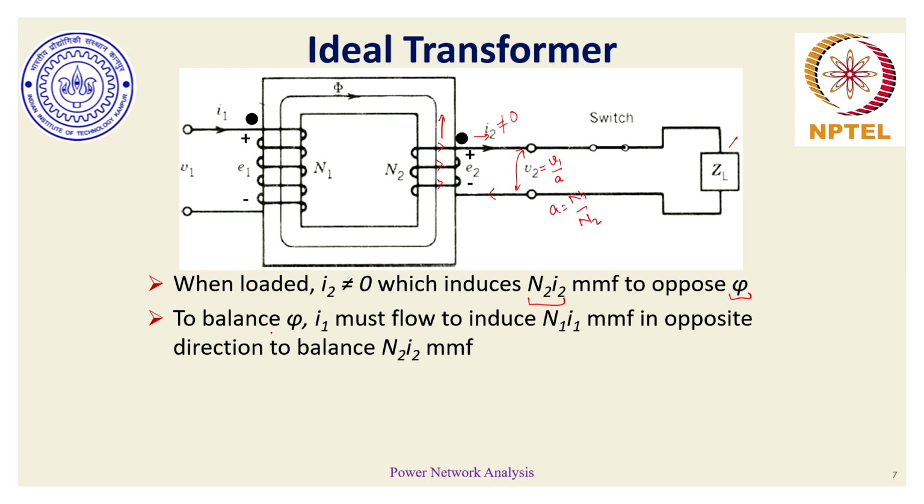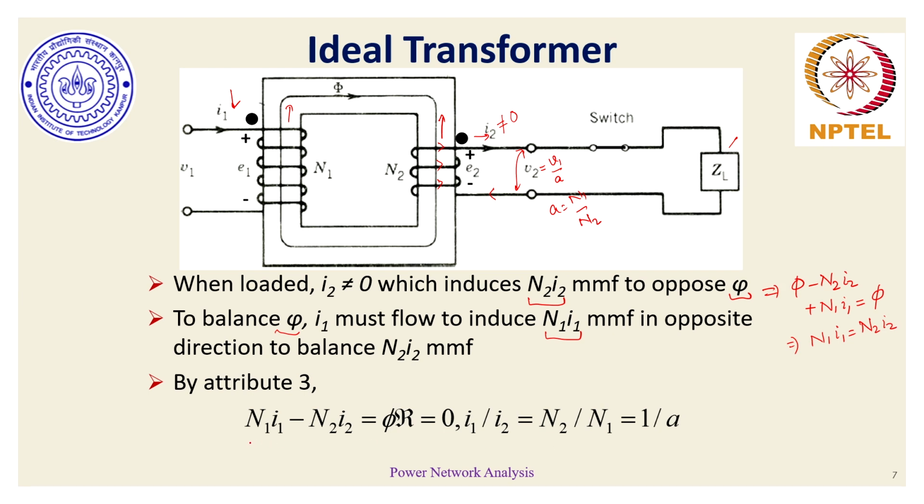So essentially, to balance out the flux in the core, which is phi, N1 I1 MMF will now additionally be produced on the primary side, so that the flux, which has now deviated from phi to phi minus N2 I2, gets the corresponding support from the primary side, so that the overall N1 I1 MMF would be in the direction of the actual flux. This should again become equal to phi. So from here we get that N1 I1 should be equal to N2 I2.